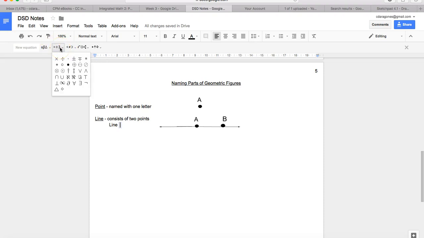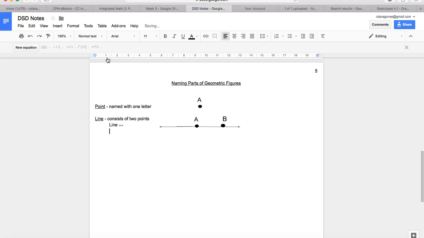There's usually 2 arrows on top of the name. So it would be called line AB. You'd have 2 arrows on top of the AB, and that indicates, well, this line connects the 2 points A and B.